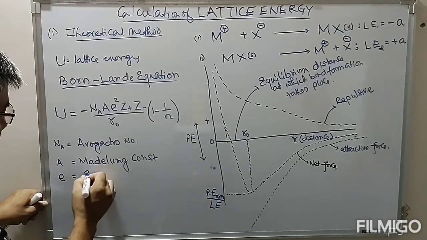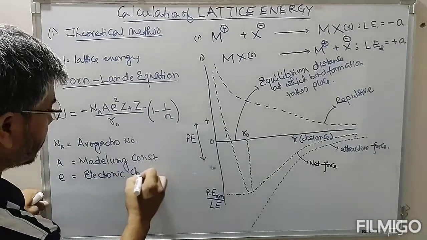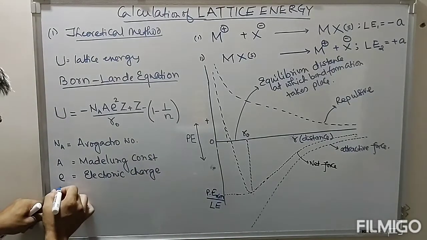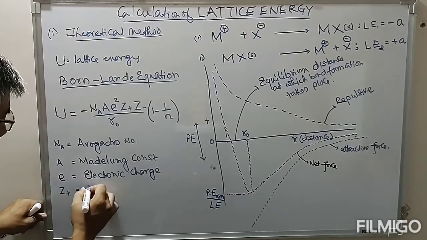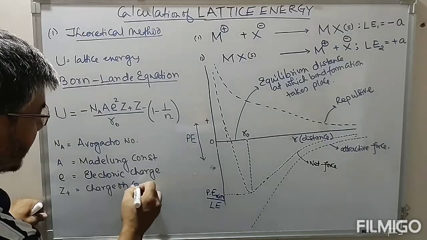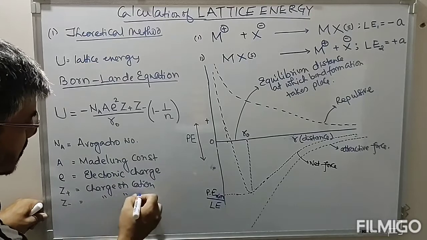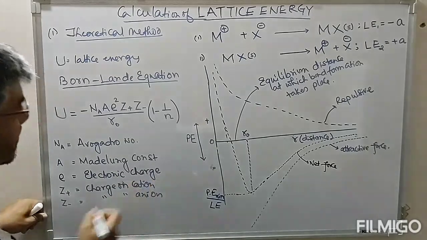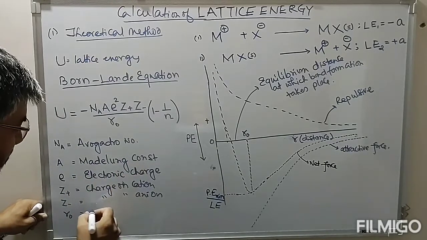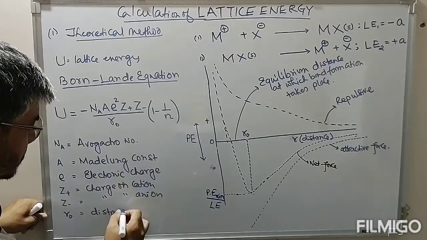E is the electronic charge on electron, that is 1.6 into 10 power minus 19 coulomb. Z plus is the charge on cation, plus for cation. Z minus is the charge on anion. R naught is the distance between cation and anion, this equilibrium distance.